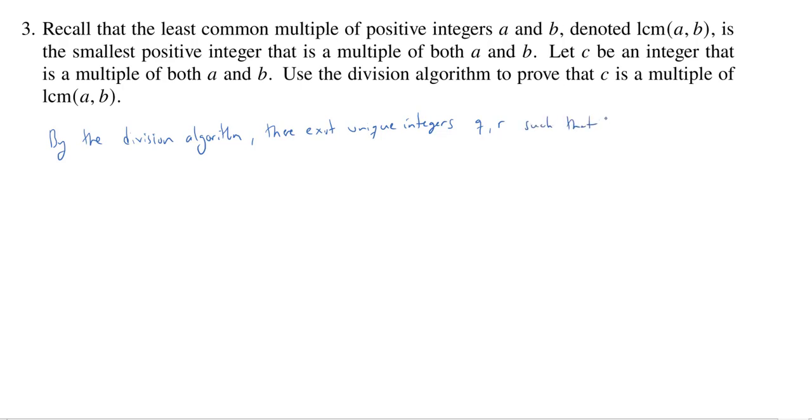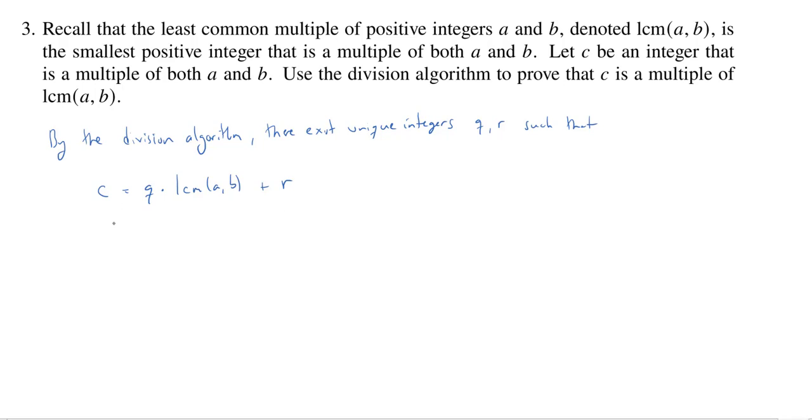such that, okay, so what are we doing? We're taking c, we want to show that it's a multiple of the LCM. Well, we don't know that a priori, so instead we're just going to divide c by the least common multiple, and we'll get some quotient, that's the q, and some remainder, that's the r. And so c will be q times the least common multiple plus r.